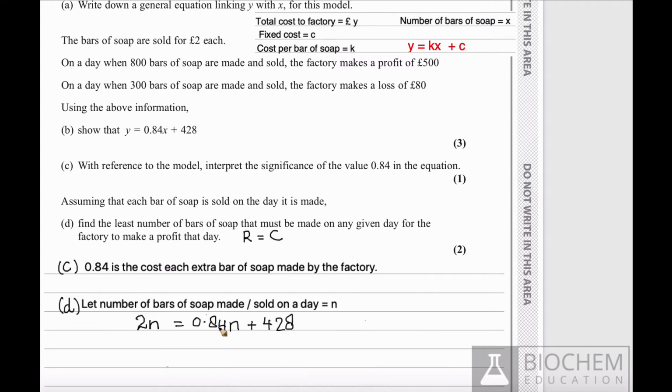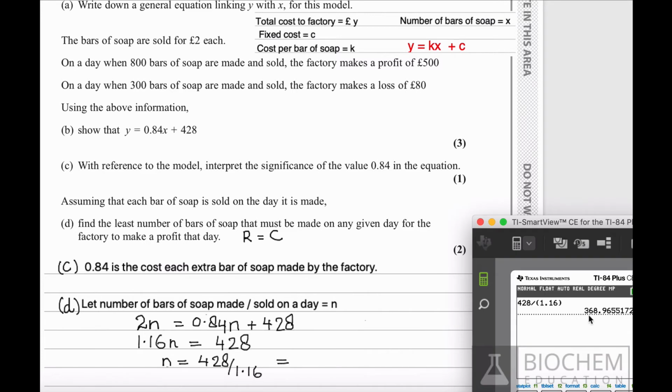428. Let's bring 0.84n to the left-hand side. So 2n minus 0.84n is 1.16n equals 428. Dividing both sides by 1.16, we get 428 divided by 1.16, which would give an answer of 368.96.